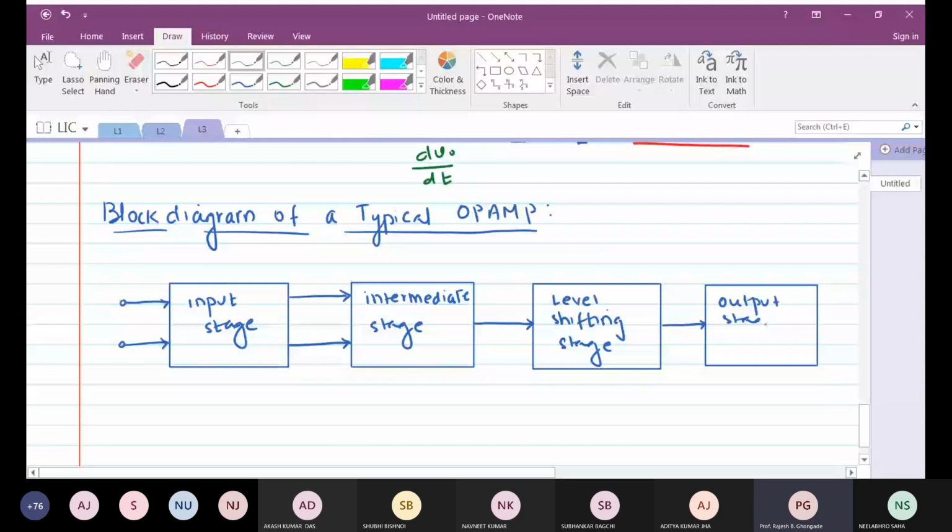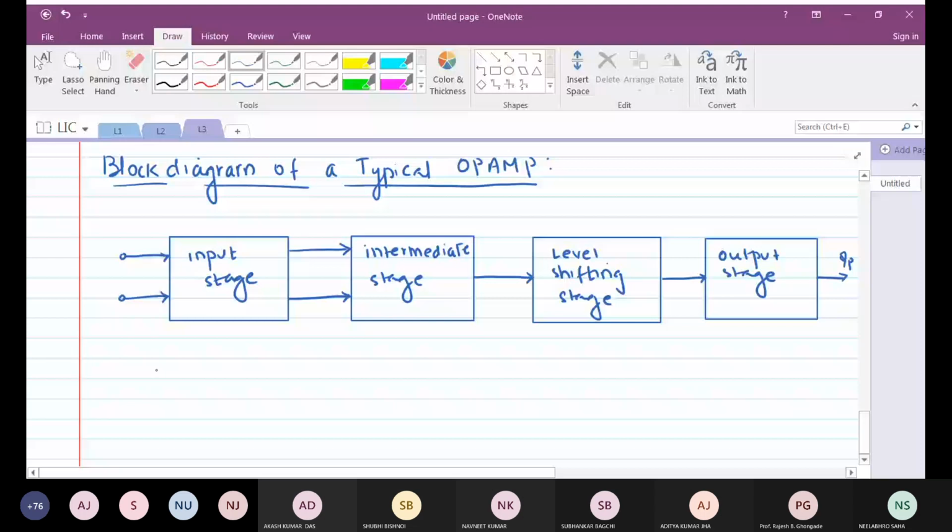And you get the output. This is a voltage amplifier. Let us say the first stage, voltage amplifier, second stage. Then you have this as the emitter follower, and this is a complementary symmetry push-pull amplifier.